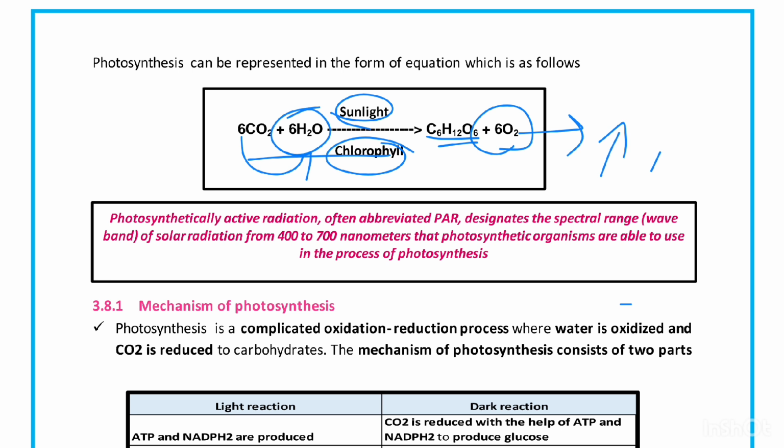To understand this, we have discussed each component that contributes to this process of photosynthesis. Here we have already discussed that carbon dioxide is coming from the atmosphere. Then we have water that roots are taking from the soil.